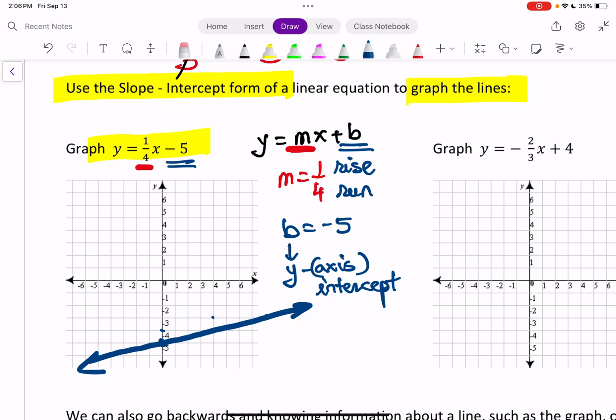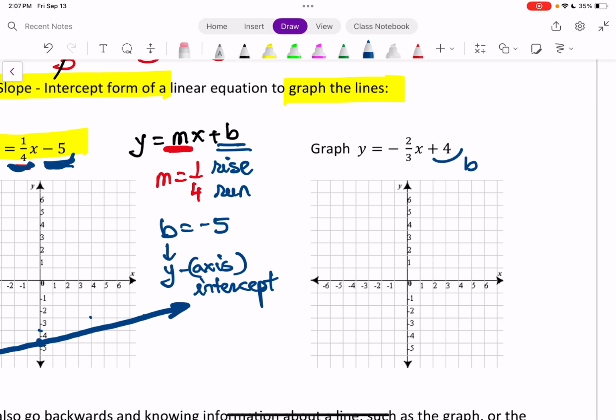So if a linear equation in two variables has y by itself, so it's solved for y, that means it is in what we call the slope-intercept form. So we can immediately see what the intercept is and what the slope is, and use both those information to draw the line.